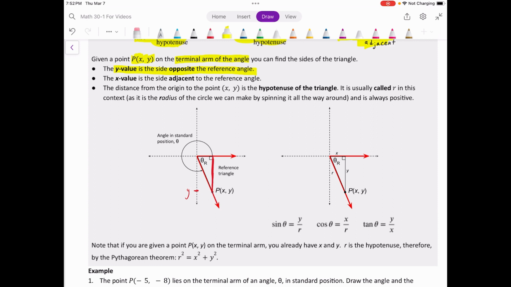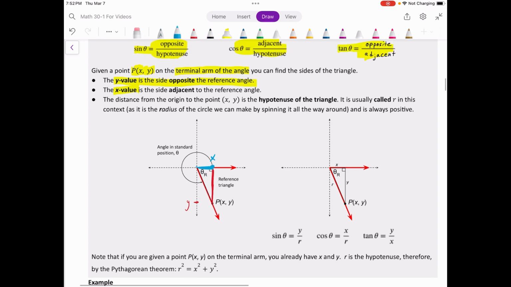What about the x value? Like whatever this is here. If the coordinates of our point that is on the terminal arm of our angle, say it's at 2, -4, well, then what's the length of this side? It's 2. So that tells us that the adjacent side for our little reference triangle here is just the x coordinate of any point that's on our terminal arm.